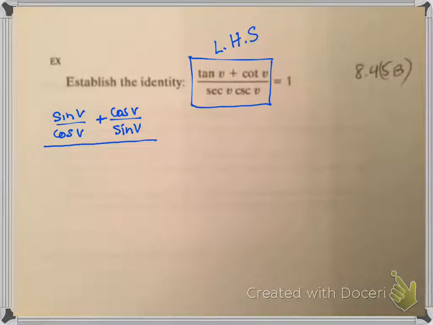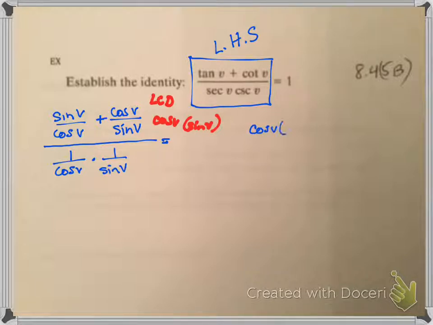Okay, in the denominator, secant v is 1 over cosine v times cosecant v is 1 over sine v. Okay, so in the numerator, I'm going to have to find a common denominator. The LCD is cosine v times sine v. Okay, so I'm going to rewrite everything as cosine v times sine v plus cosine v times sine v.